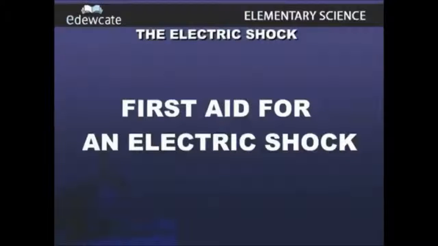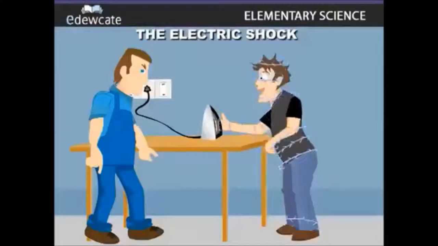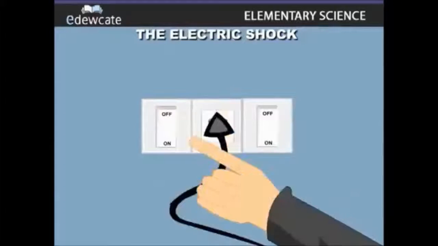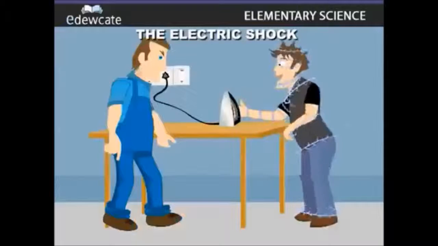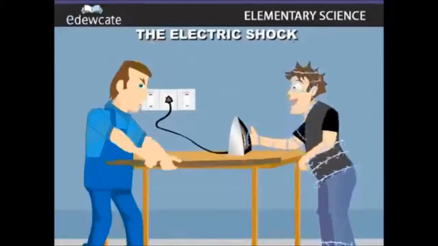First aid for an electric shock. If any person receives a shock, the main switch of the power supply must be switched off. If the victim gets attached to the wire or the appliance, do not touch him. But he must be separated from electricity using a dry stick.